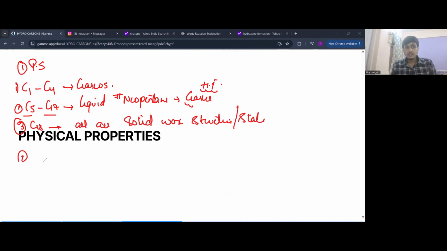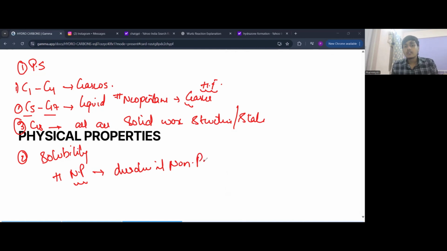Now let's move towards the solubility. As they are highly non-polar compounds, they dissolve in non-polar solvents. It's like dissolves like.